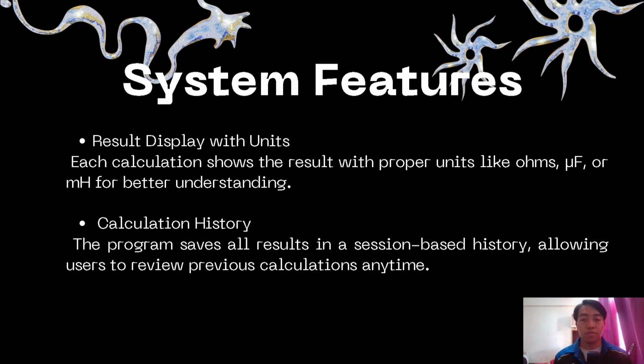Result display with units: each calculation shows the result with proper units like ohm, microfarad, or millihenry for better understanding. Calculation history: the program saves all results in a session-based history, allowing users to review previous calculations anytime.